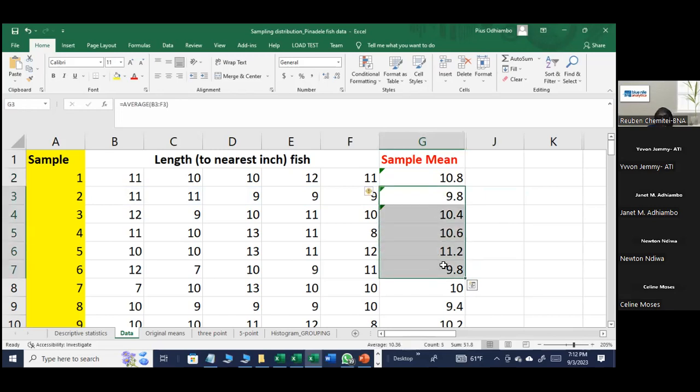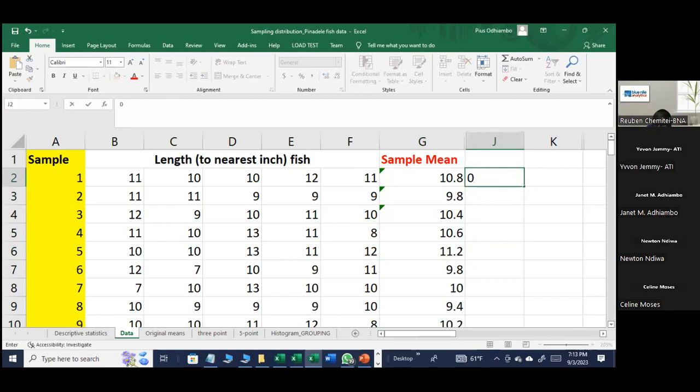Now, when you want to calculate moving averages in Excel, it is straightforward. For example, let me calculate a 3-point. I will select these 3 and get the average of this. So I will have an equal sign as usual.